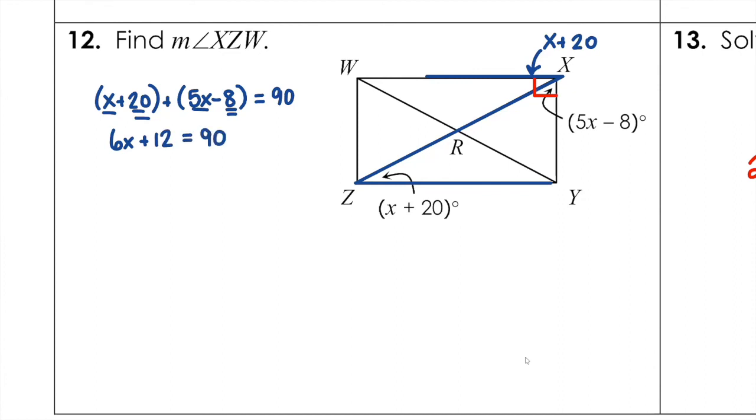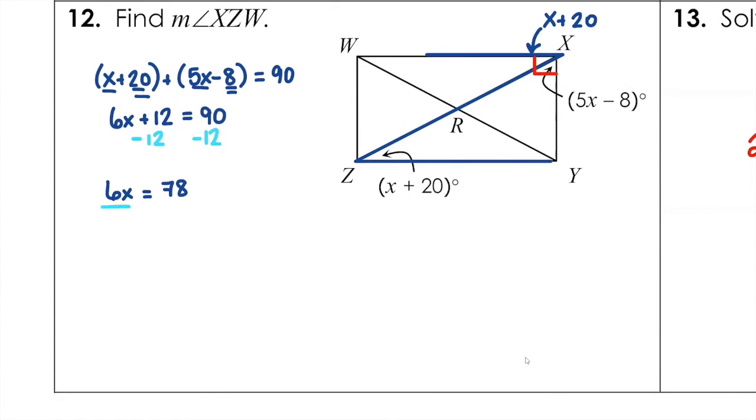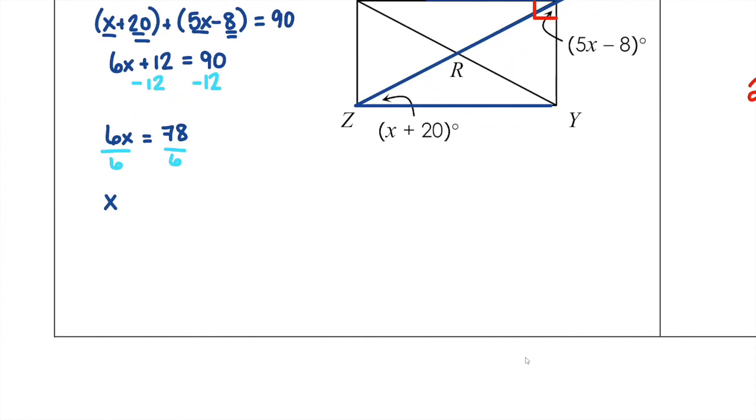Wait, is that right? 20 minus 8? Yes. Subtract 12 from both sides. So 6x equals 78. Divide both by 6.